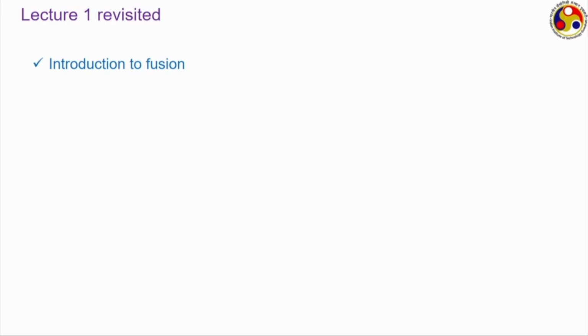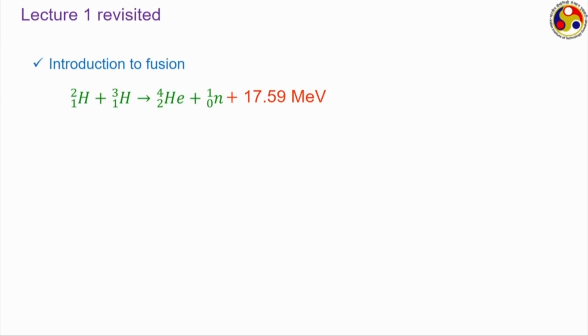As a quick recap of lecture 1, we have seen that fusion offers much larger power density compared to fission. A very simple fusion reaction involving deuterium and tritium as the reactants is able to produce something like 17.6 MeV of energy, which gives an energy density of about 3.5 MeV per nucleon.